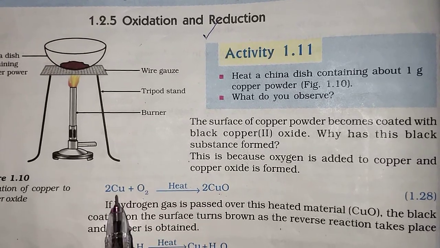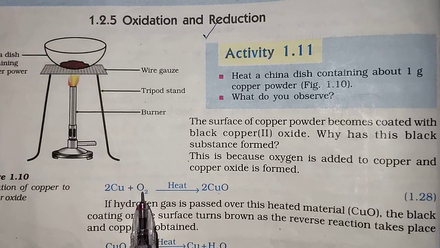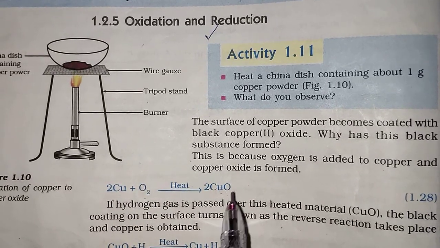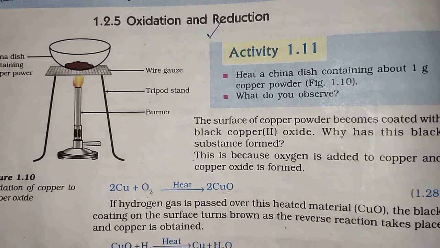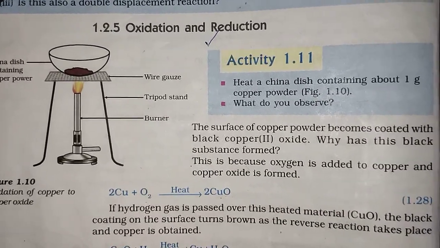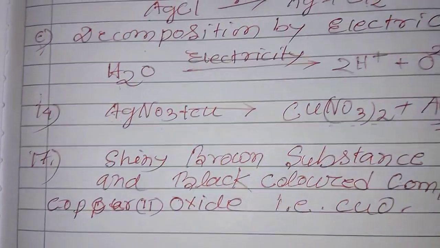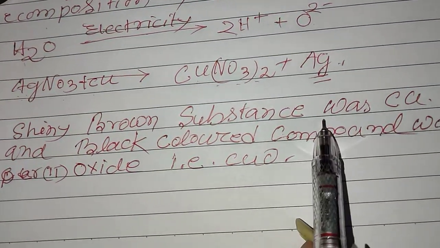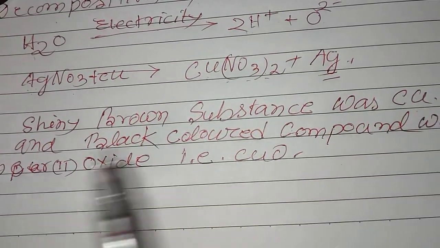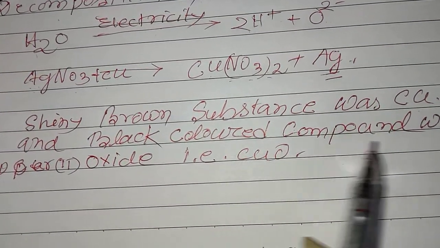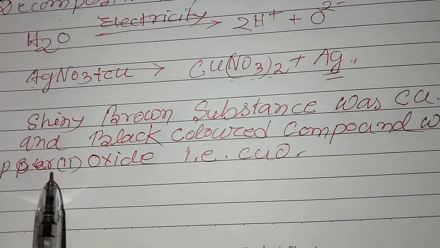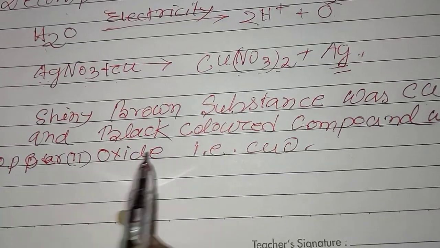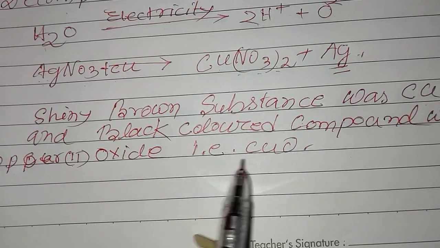Okay, so copper is brown. Whenever it is heated, it forms copper oxide or copper 2 oxide or cupric oxide. So you may write this equation in the following way. Here the shiny brown substance was copper, and the black colored compound was copper 2 oxide, that is CuO.